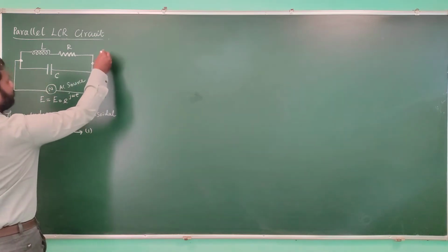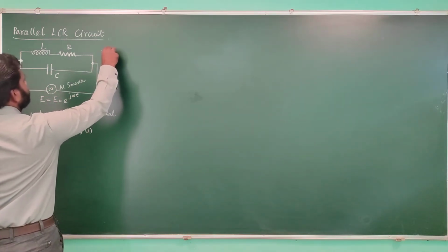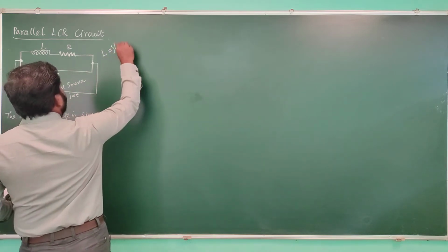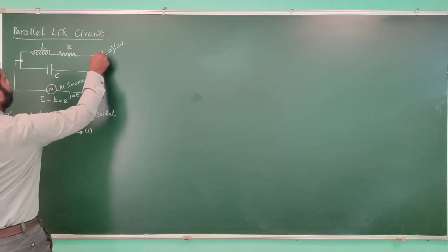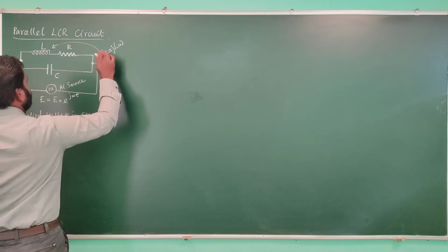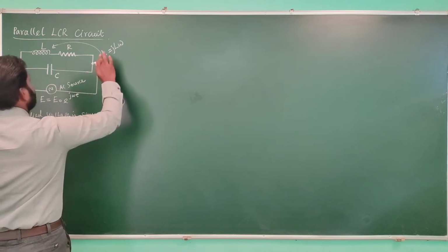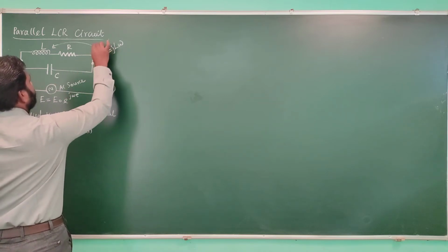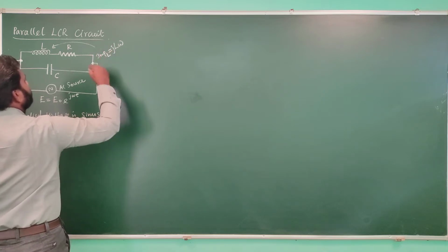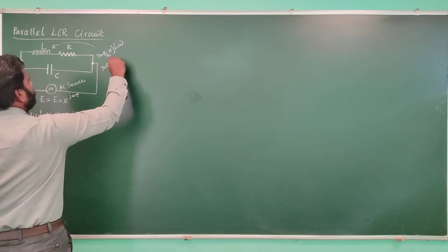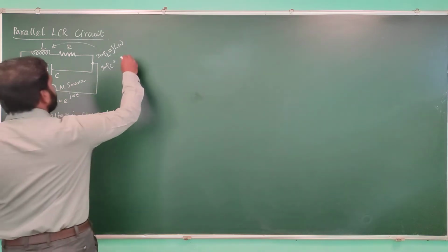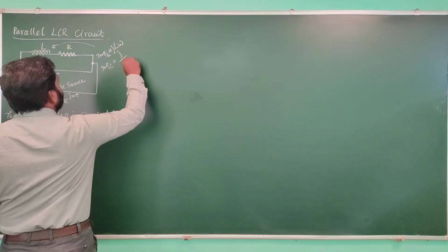We can write the complex impedance of the inductor as j L omega, and the complex impedance of the capacitor C, that we can write as 1 by j C omega.